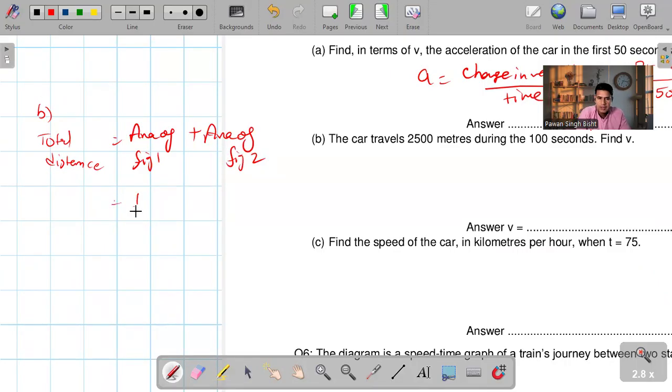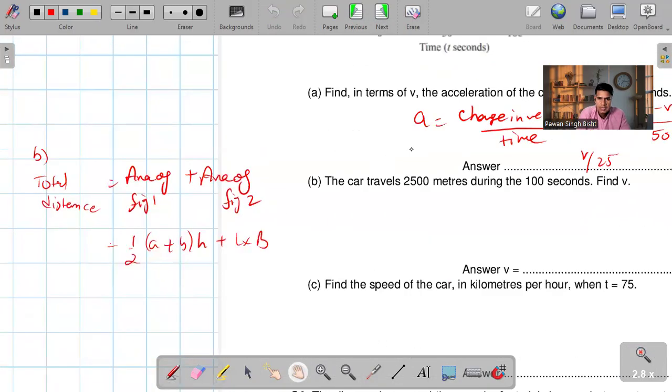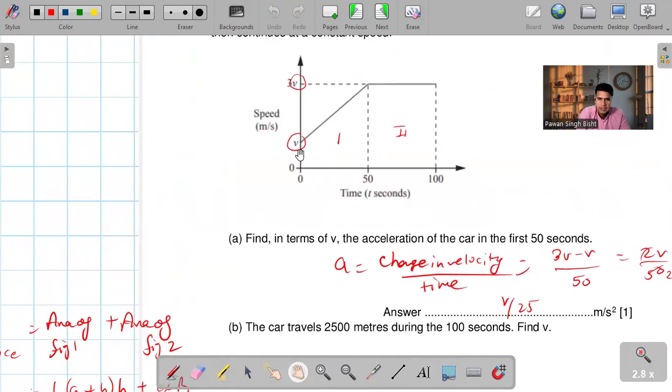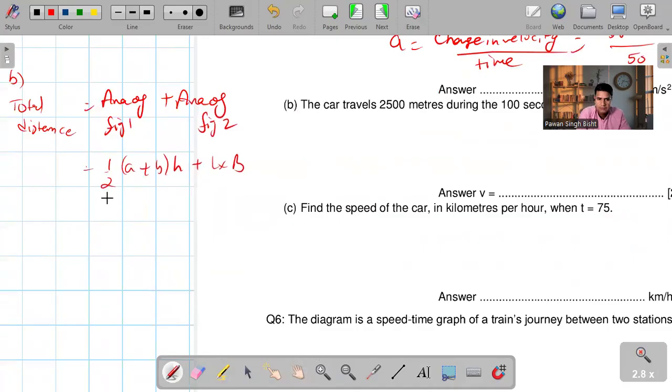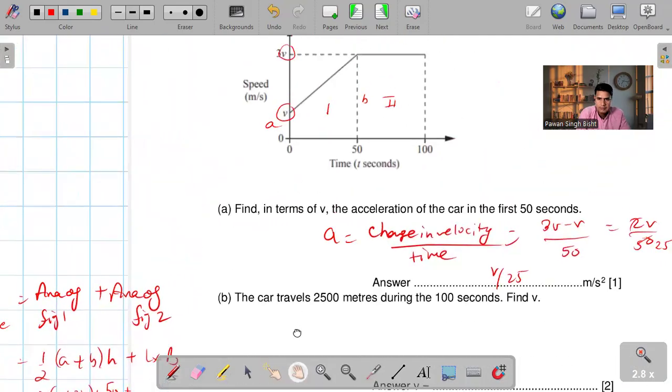Figure 1 is half times (a plus b) times h, plus length times width. What are a and b here? These are the parallel sides, so this is v and this is 3v, and the height is 50. So half times (v plus 3v) times 50, plus length times breadth.